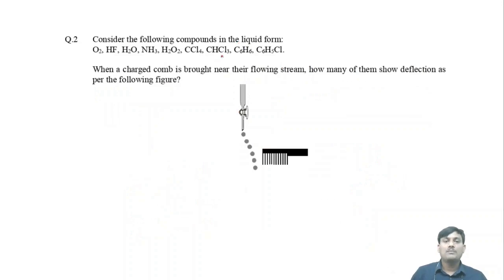Consider the following compounds in the liquid form. These are the compounds in the liquid form. When a charged cone is brought near the flowing stream, how many of them show deflections as in the following figure? Here it's a charged cone.